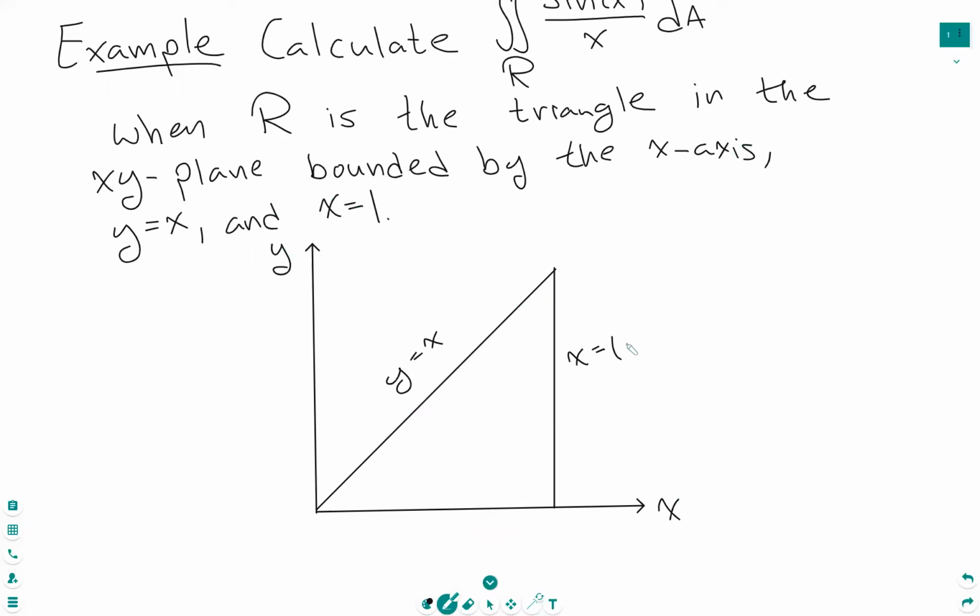So we have to figure out, is this a type 1 or is this a type 2? So why don't you all look at this region and you can private message me or do everyone. What are your guesses? Is this a type 1 or is this a type 2? Okay, I'm seeing some answers.